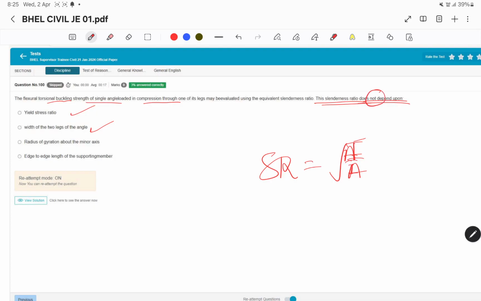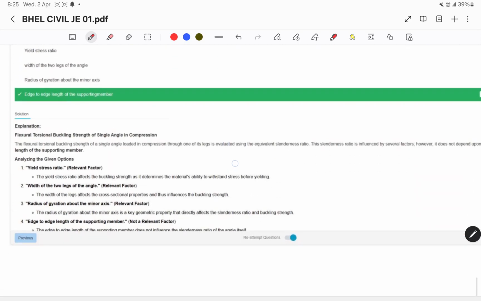It does not depend on the length of the supporting members. ये चौथा होना चाहिए इसका. सही है.